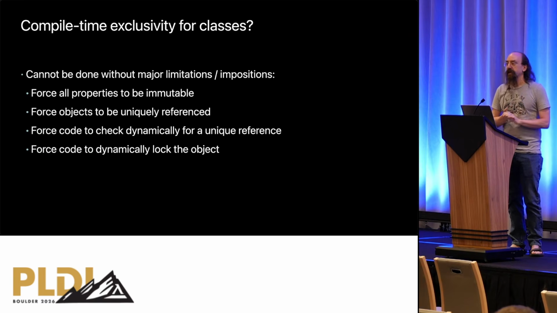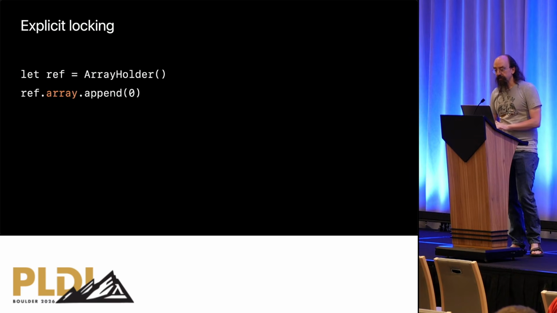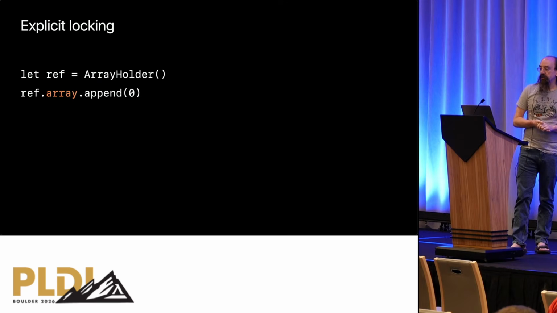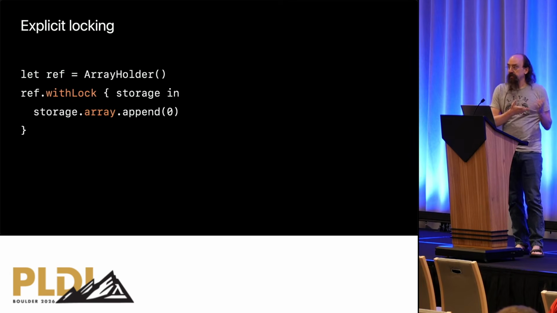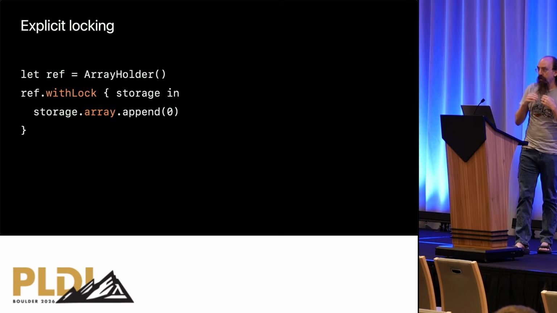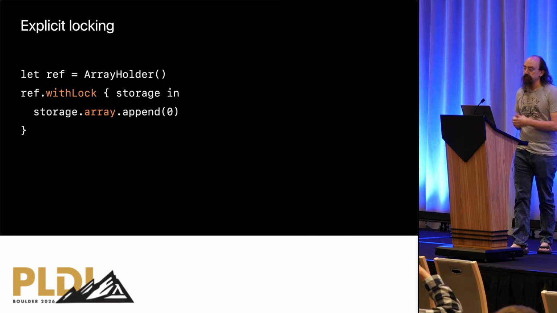They have to go through some extra syntactic overhead. For example, consider this very simple append to a class property. If I have to explicitly lock the object, one of the alternatives on that slide, in order to access its mutable properties, the code now has to look something like this. This would be a very unwelcome, heavyweight change for most class-based programming.